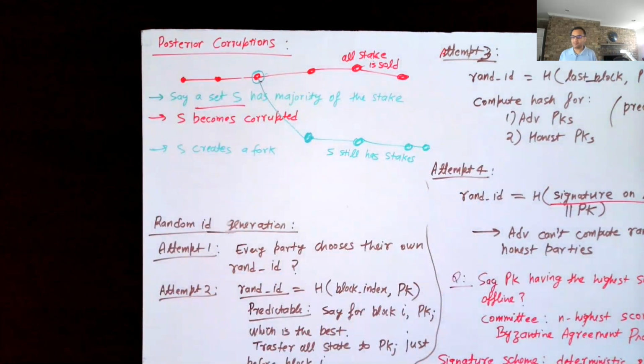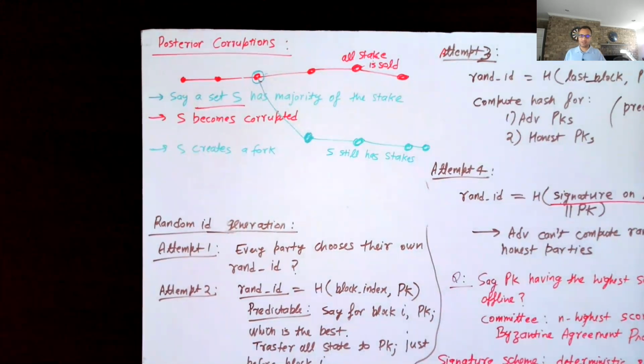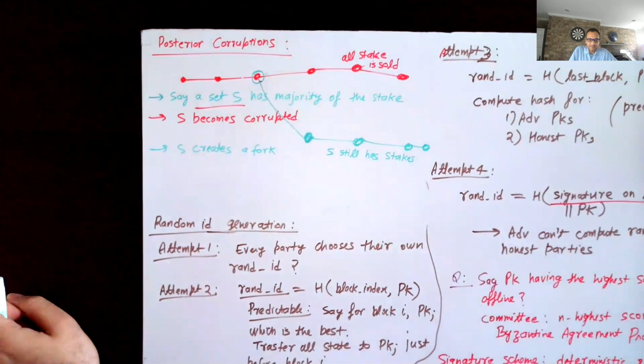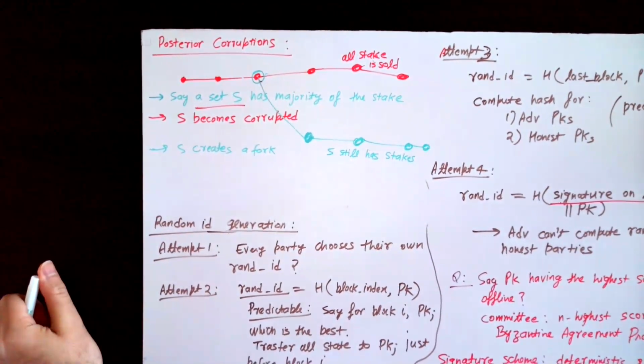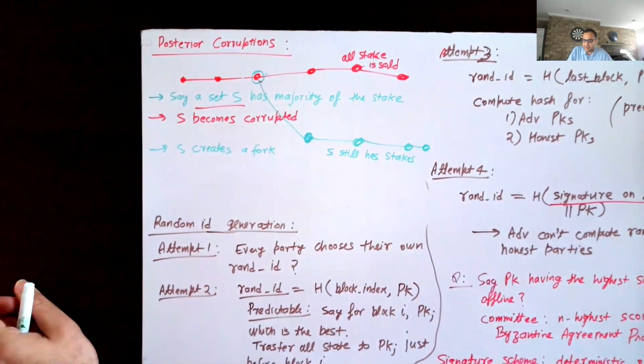It doesn't take much work. And in this fork, I never sold any stake. These two are, in some sense, hard to distinguish, which one is real and which one is fake, which one came after the fact. So this is a tricky problem, and there are some solutions to it, but nothing very simple which completely solves the problem. It's more of workarounds rather than solutions.